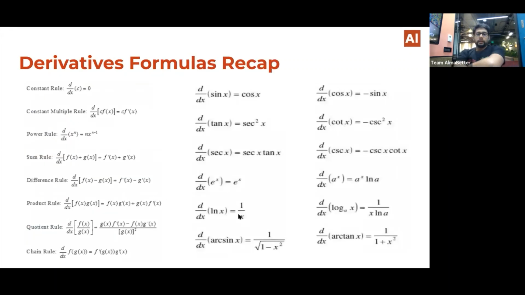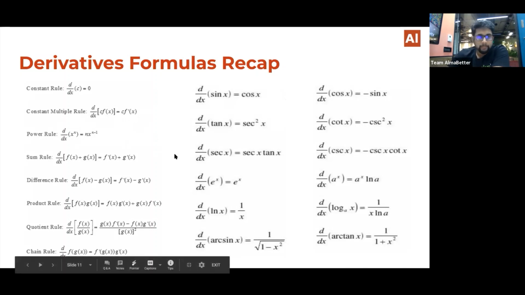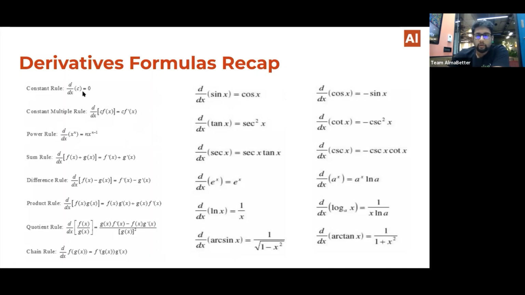I know many of you have forgotten some of the calculus formulas, but if you remember these, it will be helpful in calculating the derivatives if and when required. So you can just revisit these formulas. I have put them in a slide. The derivative of a constant is 0. The derivative of x to the power n is n x to the power n minus 1.